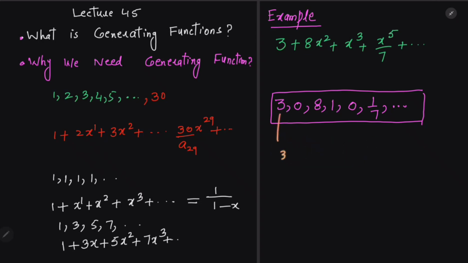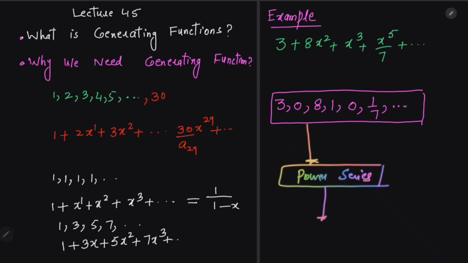In this situation, it is 3, 0, 8, 1, 0, 1 by 7, and so on. So why not write it in this form? We want to write this as a power series, and the consequence of that power series will be that we will be able to get the generating function.